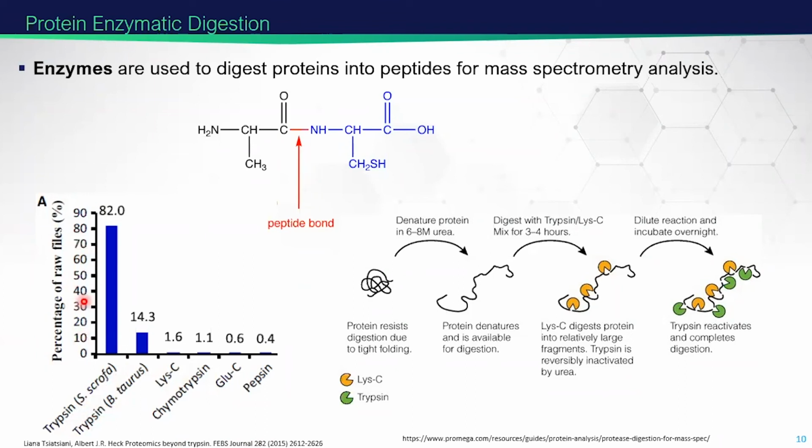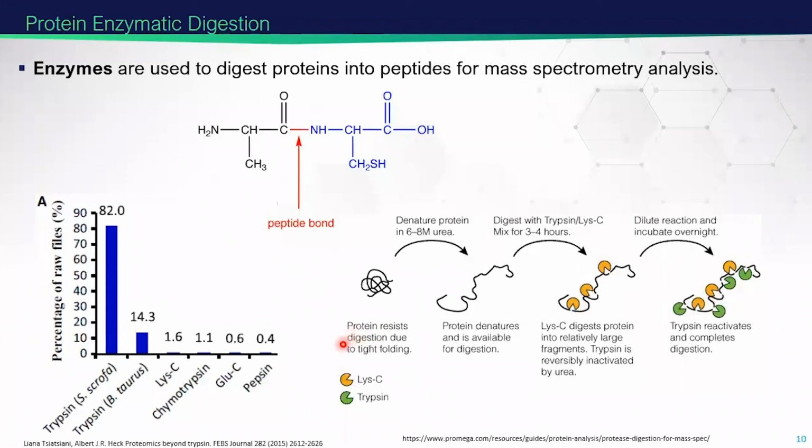You can see the percentage of raw files using trypsin in this graph. There are also some other enzymes you can use. Different enzymes will cleave at different sites along the amino acid backbone in the protein.